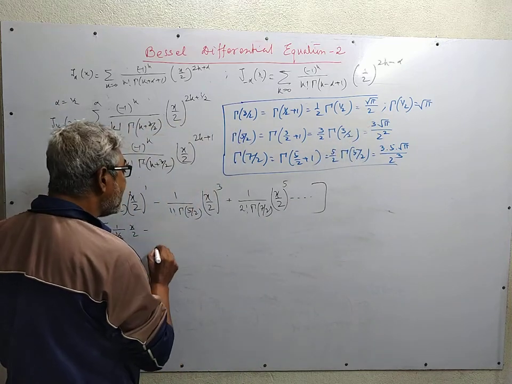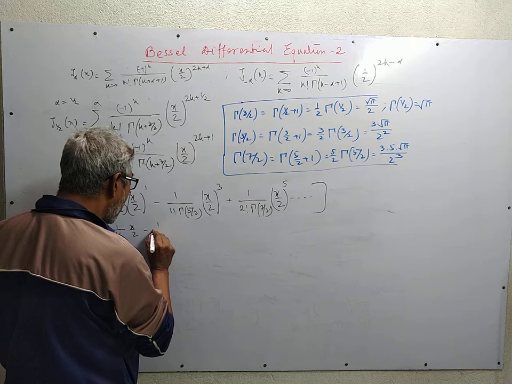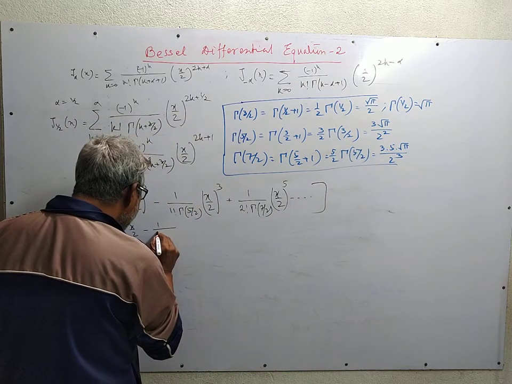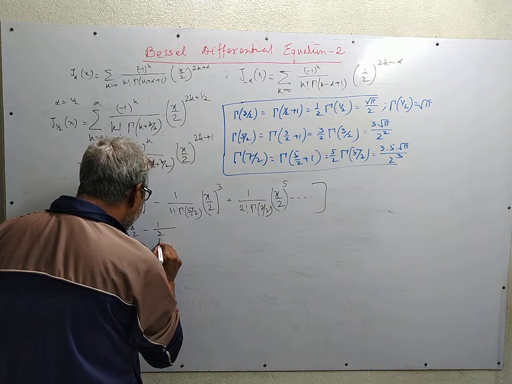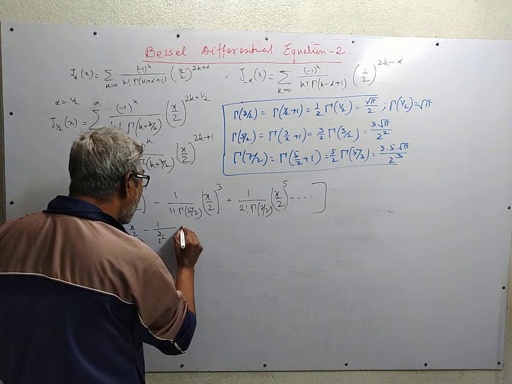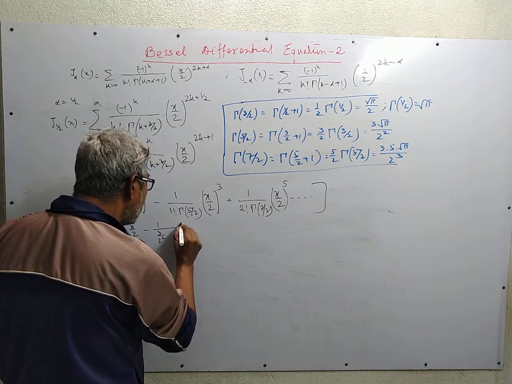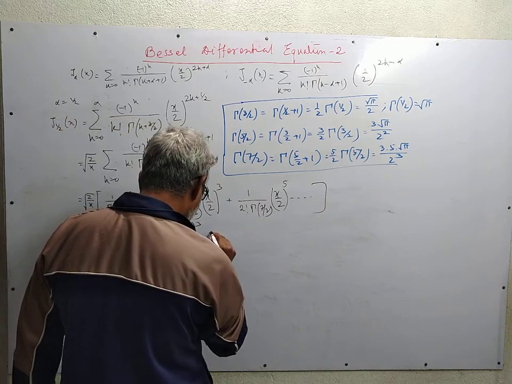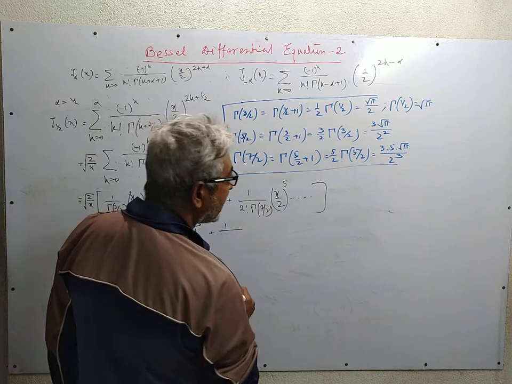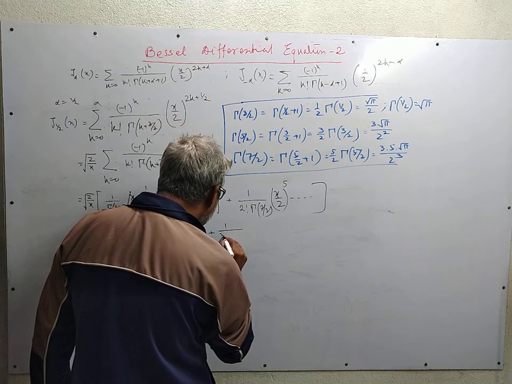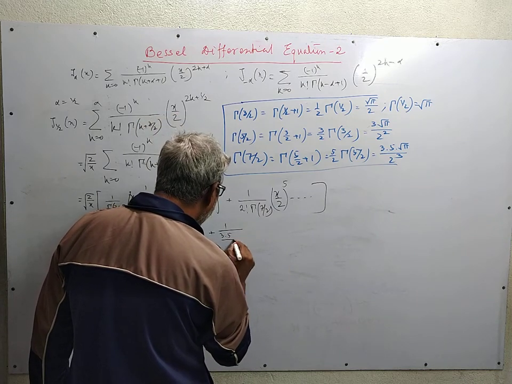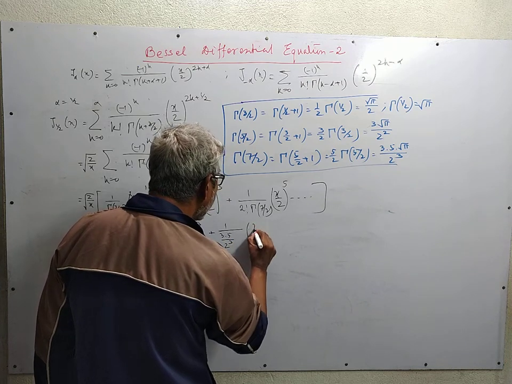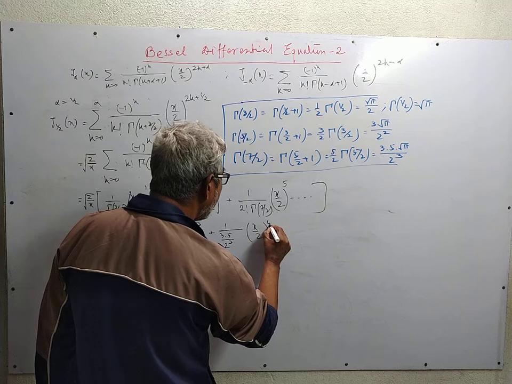Then this is 1 upon gamma 4, this is 3 by 2 square, and we have x by 2 cube from this term, plus 1 upon 3 into 5 upon 2 to the power cube, and we have x by 2 to the power 5.